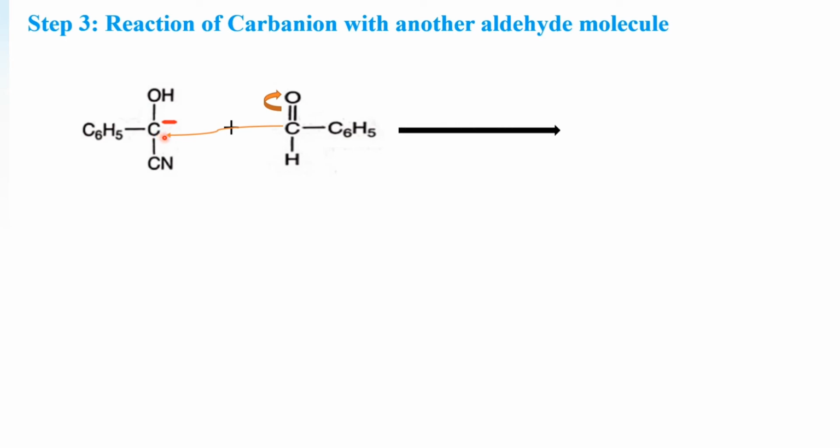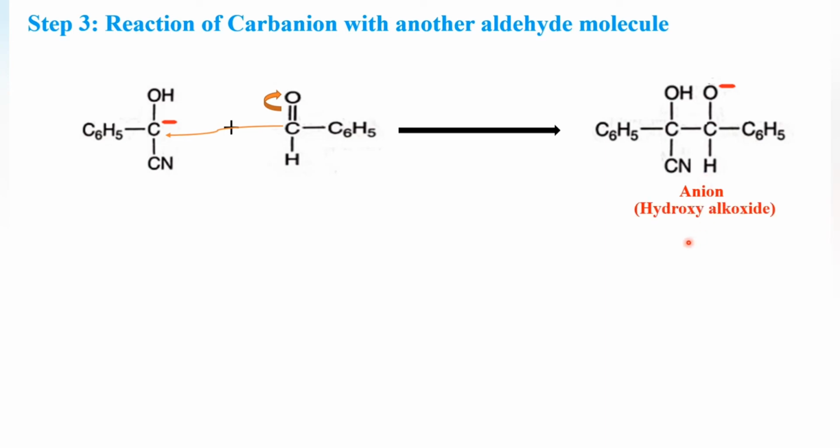So the double bond is converted to a single bond, and oxygen is getting the negative charge. Here we are getting an anion, which can be called a hydroxy alkoxide. So this carbanion attacks the carbonyl group of another aldehyde, and we are getting the hydroxy alkoxide.